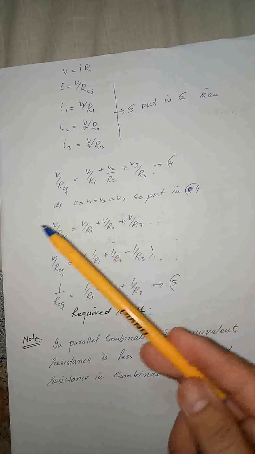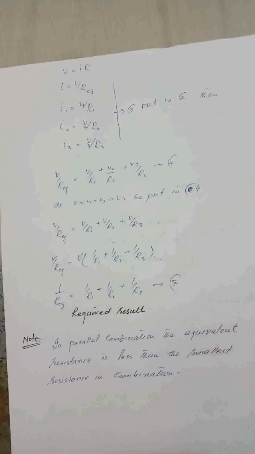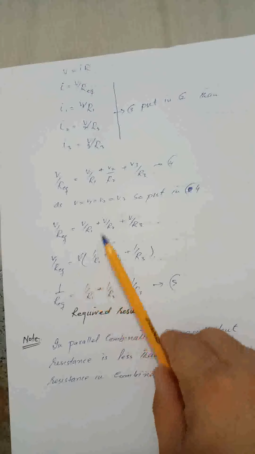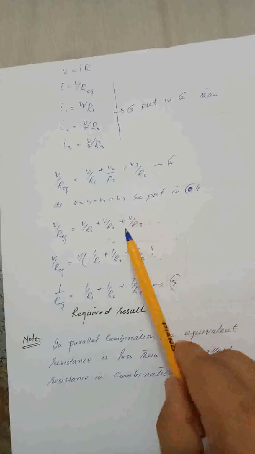As earlier we discussed, V1, V2, V3, all of them are the same. So for this purpose, we put V instead of V1, V2 and V3.